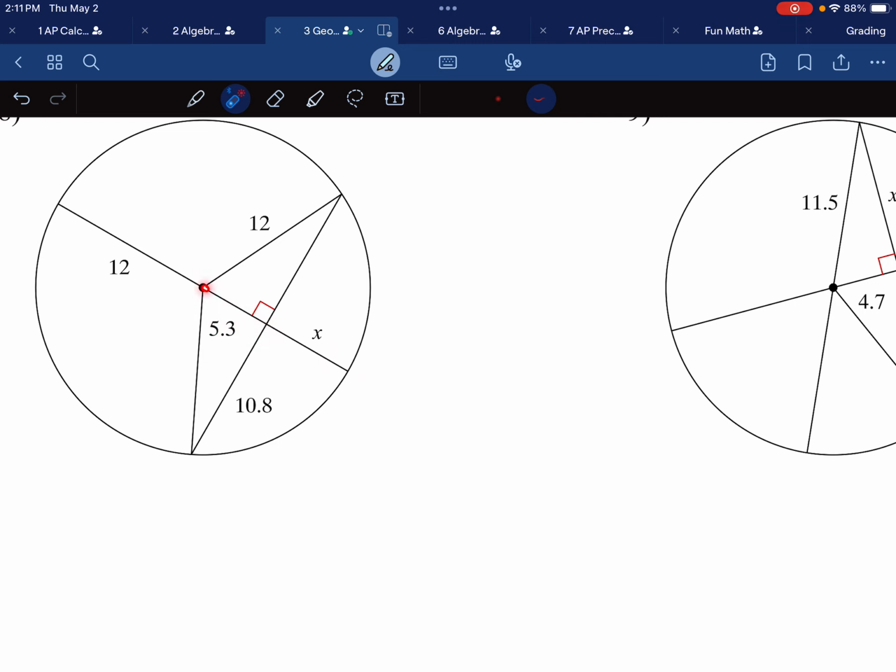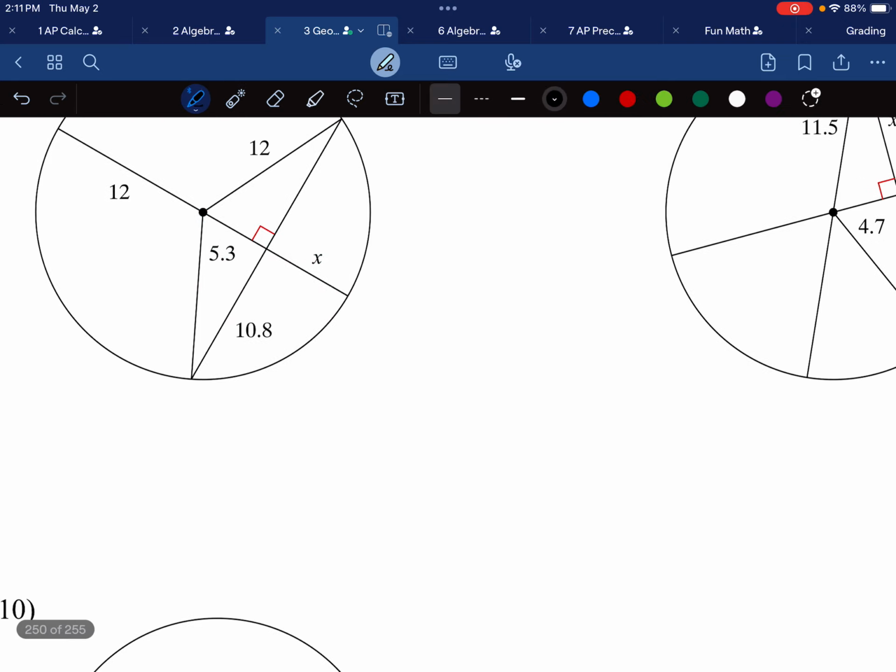We'll define x. If this radius is also 12, then this 5.3 and x have to add up to that full length of 12. I can say that with a formula to make it formal, but really, I just do 12 minus 5.3 and I call it a day, because 12 is the radius. And that was a terrible 5, and 5, come on, Mr. Snow. 5.3 plus x also adds up to the radius.